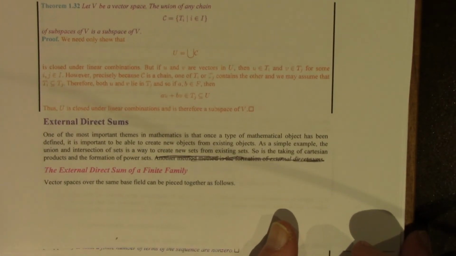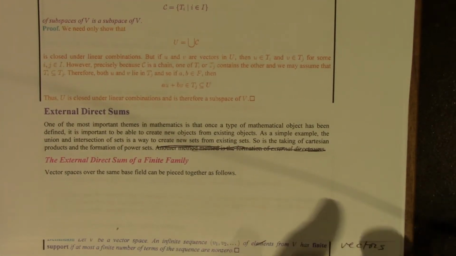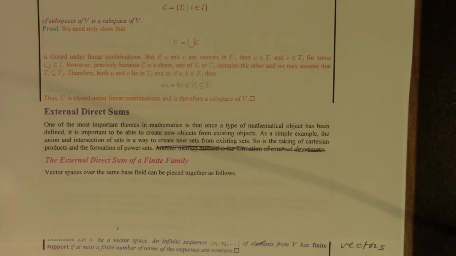One of the most important themes in mathematics is that once a certain type of mathematical object has been defined, such as a vector space, it's important to be able to create new objects from existing objects. As a simple example, the union and intersection of sets is a way to create new sets from existing sets.